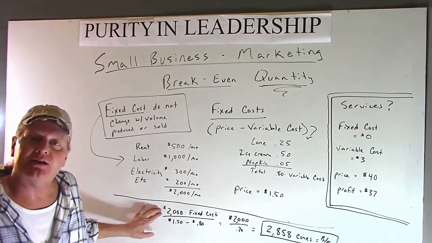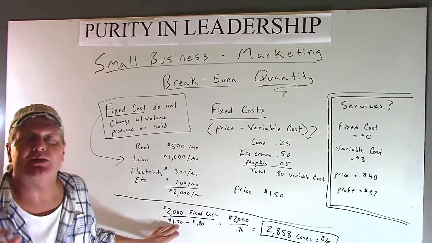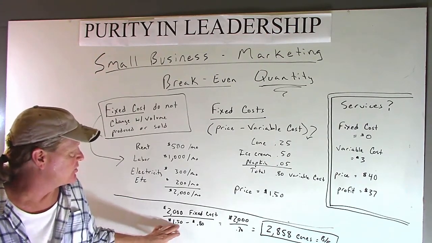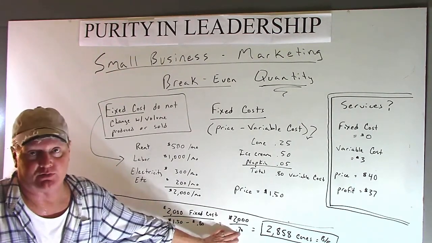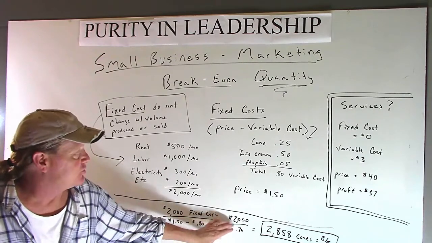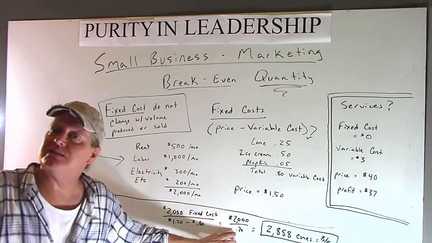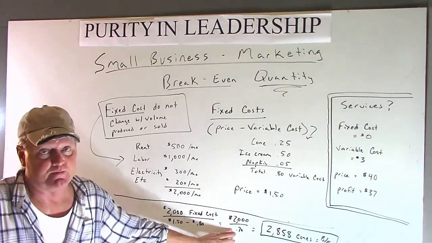Now for every ice cream cone we sell, we're going to get $1.50, but we had to spend 80 cents to get that. So we're only going to make 70 cents per ice cream cone. So we have $2,000 divided by the 70 cents profit margin that we get per ice cream cone.